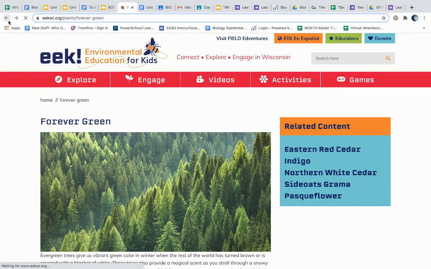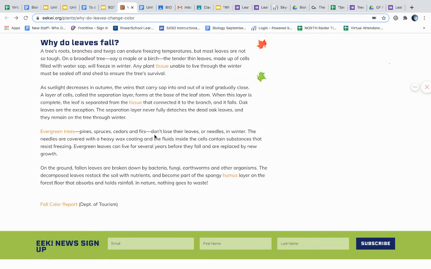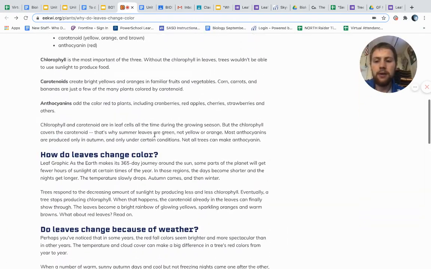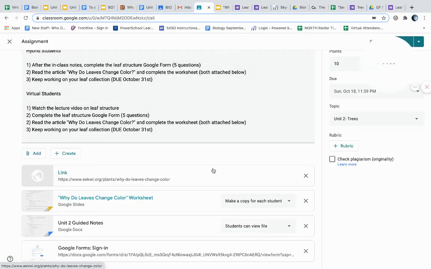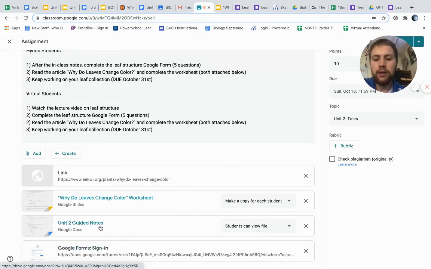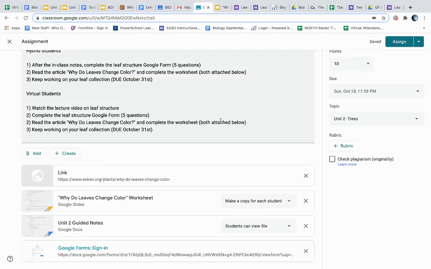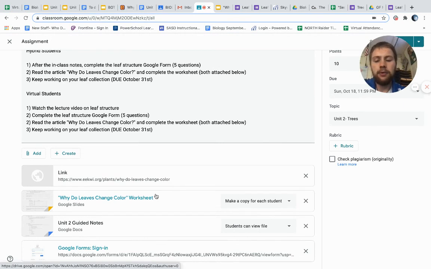So before you even get to the evergreen section, the why do leaves fall, how do leaves change color. Okay, so that will be it for Sunday night. So do the quick Google form on leaf structure that will be open. Couple questions there, and then complete the worksheet on why do leaves change color.